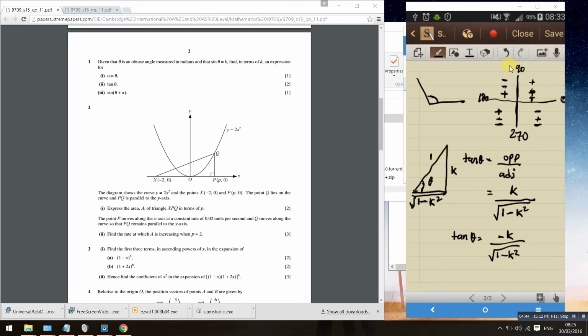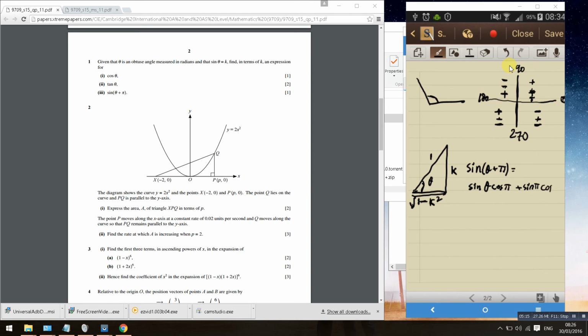For the third part, that's a bit tricky because you actually have to use some sort of compound angle formula to find the final answer. So that is sine of theta plus pi, you expand it and it becomes sine theta cosine pi plus sine pi cosine theta.